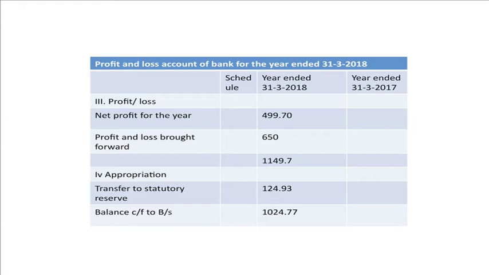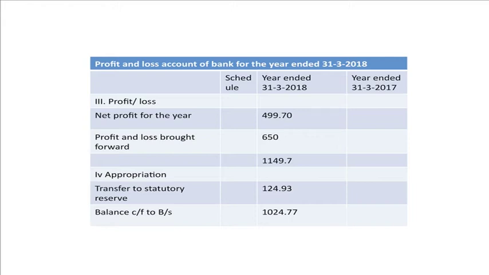499.70. Profit and loss brought forward, it was given in our question, that is 650. So, total profit is 1149.7. Now, what have we done? We have transferred to statutory reserve. Statutory reserve is being transferred or appropriated from the annual profit at the rate of 25%.